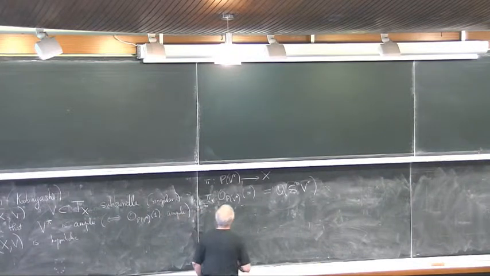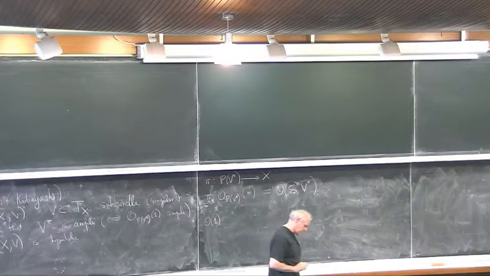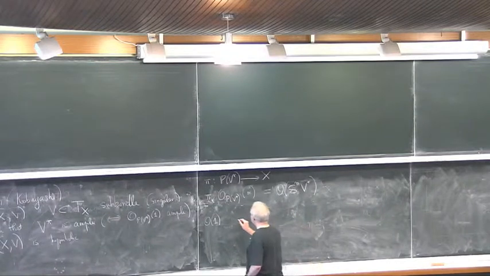When you are on projective space, you have the tautological line bundle O(1) on P^n.